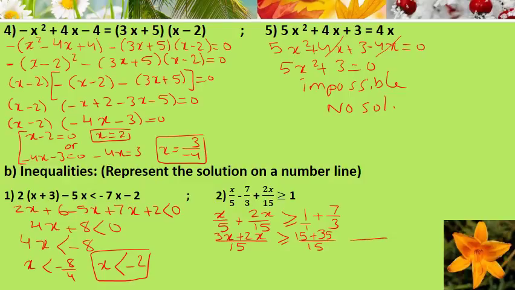Now 3x plus 2x, 5x over 15 greater than or equal to 15 plus 35, 50 over 15. Sorry. Now we write 5x greater than or equal to 50. Then we divide both parts by 5, 50 over 5. Then x is greater than or equal to 10.